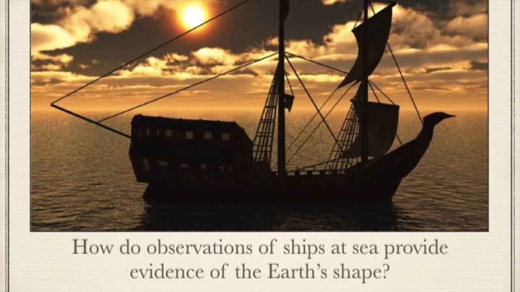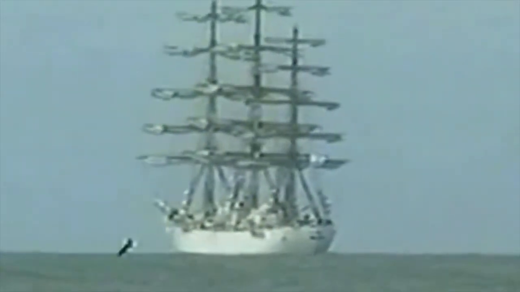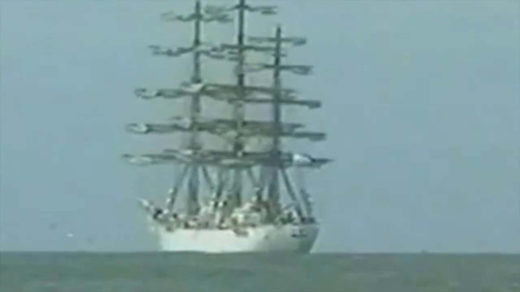The first guiding question that will hopefully help us answer that question is, how do observations of ships at sea provide evidence of the Earth's shape? My claim is simple. The Earth is a spherical object. Here is a video of a ship leaving harbor and approaching the horizon.